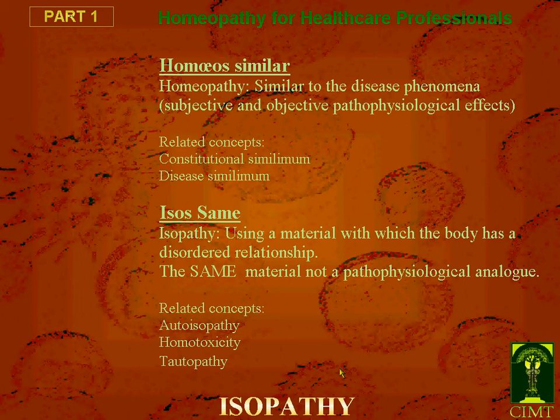Blatta orientalis can also be implicated in those people who've got sensitivities aggravated by chocolate, because chocolate obviously contains cockroaches. You're allowed, I think, two cockroaches per 100 weight of cocoa beans. If you've ever seen cocoa beans, they're exactly the same colour, exactly the same shininess as a cockroach, and it's extremely difficult to extricate cockroaches from cocoa beans.